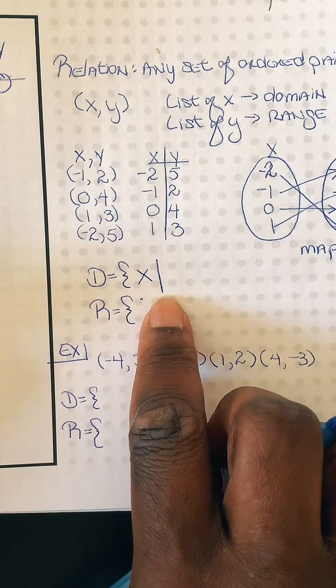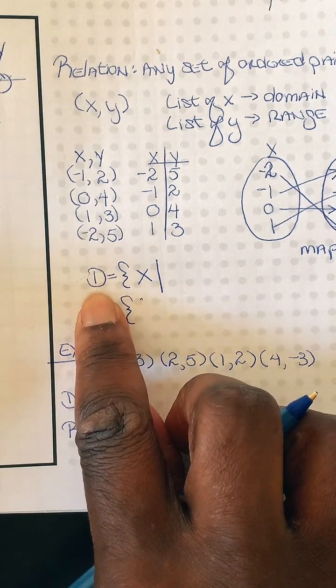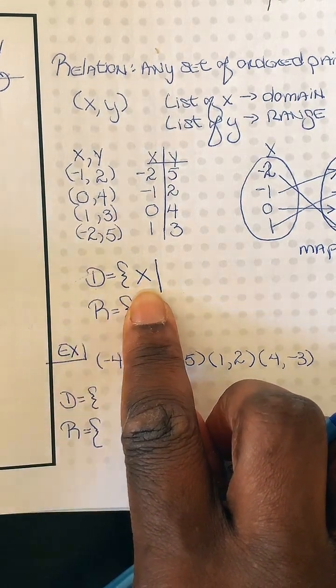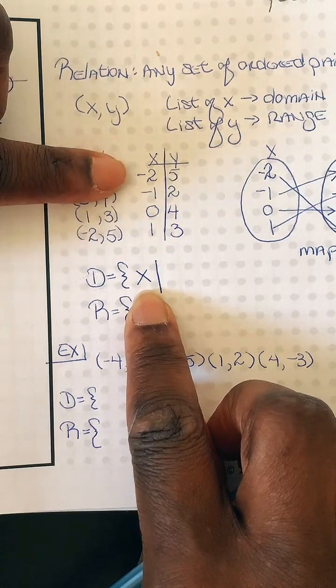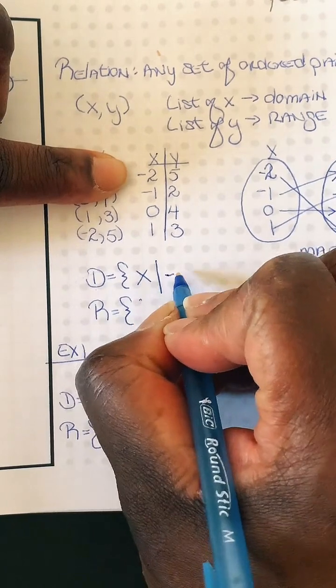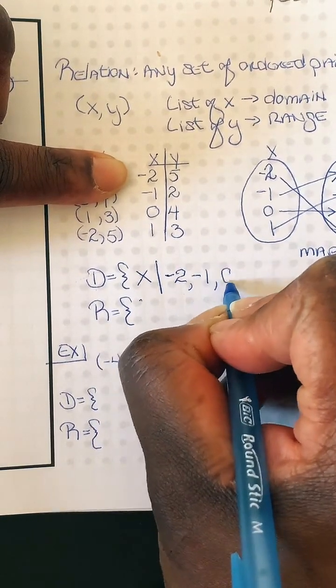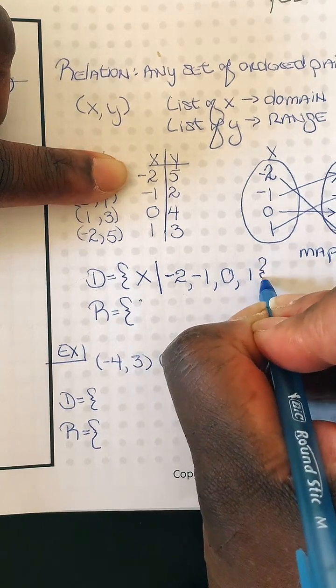You're just emphasizing that my domain is the list of my x's. All we're going to do is list our x values. So it'll be -2, -1, 0, and 1. And then I close it.